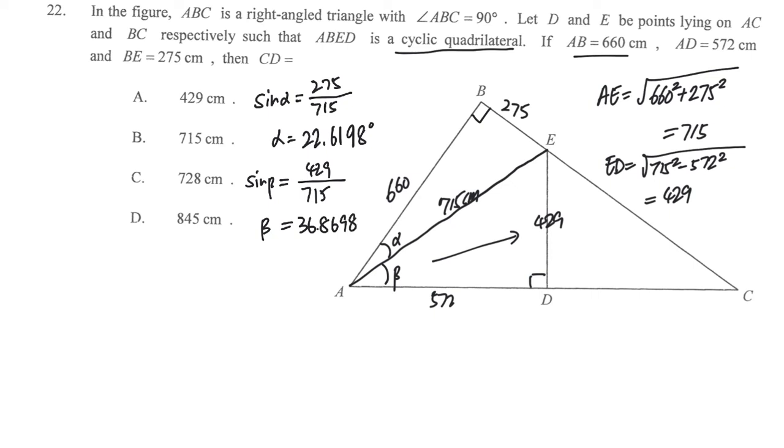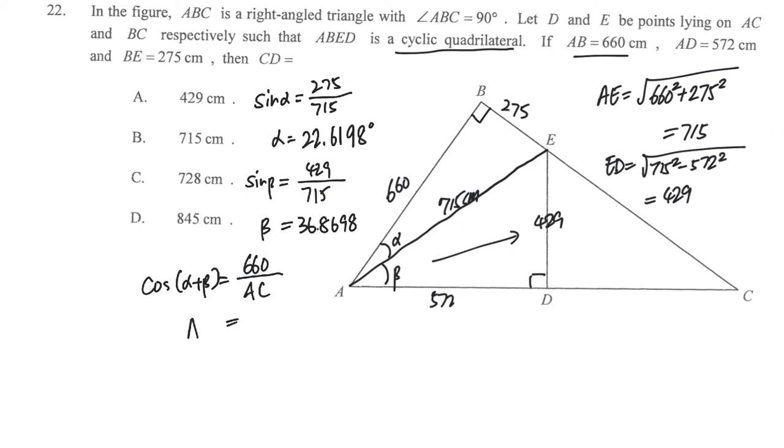Once that's done, as I said, we're going to use the cosine for the angle alpha and beta together, which gives us the adjacent side 660 over the hypotenuse AC.